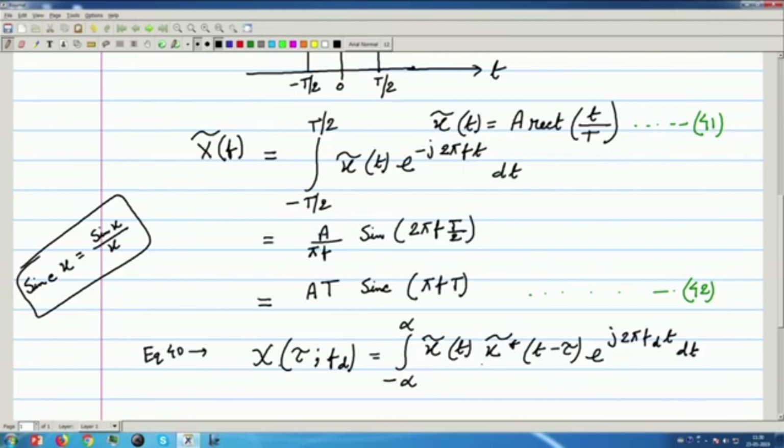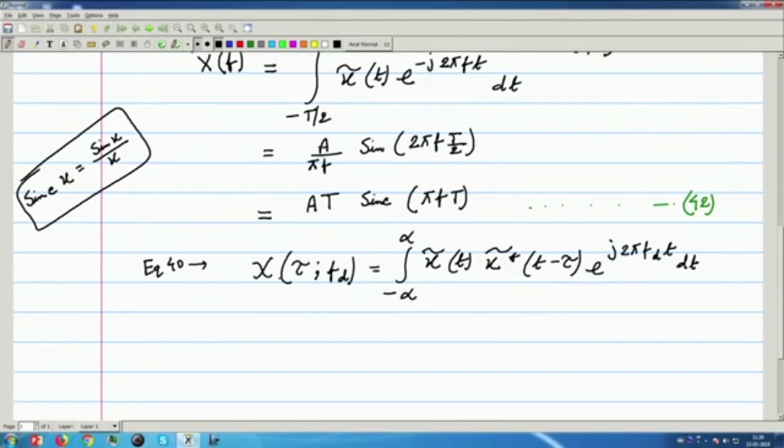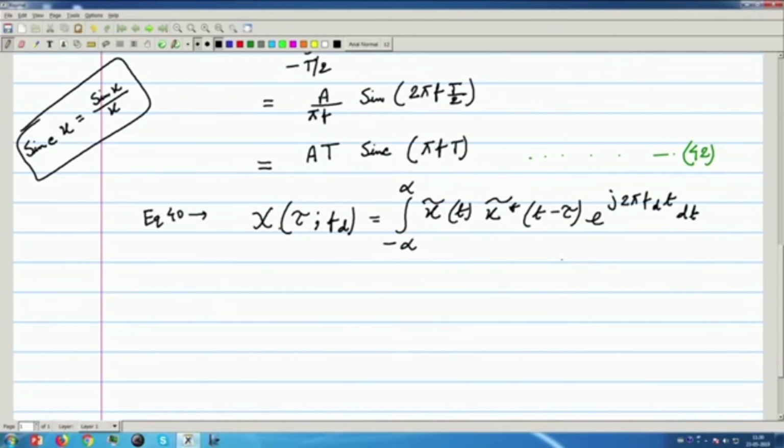So, this again I can evaluate. You see this is something like correlation. This tau now needs to be specified, because I have a finite pulse of duration T. So, we need to draw a picture.